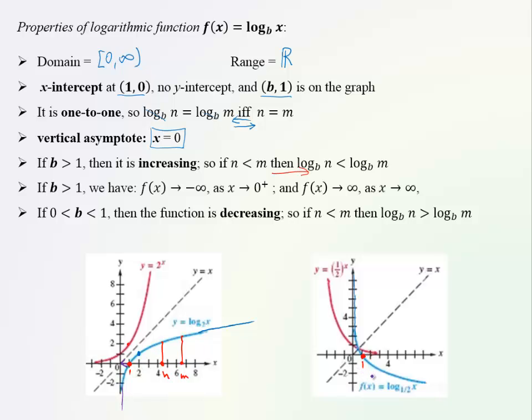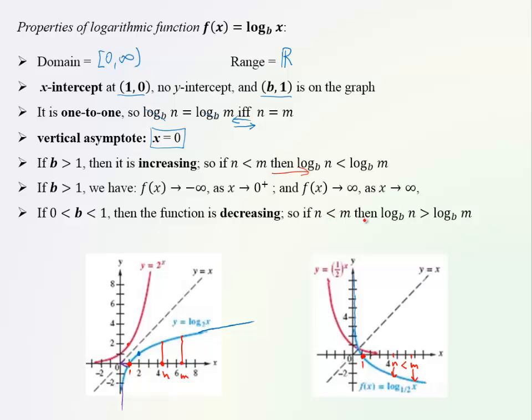Now let's look at the example of the graph of any log with base between 0 and 1. Here we have base 1/2. Such a function is decreasing. It's always going down. So if we choose 2 points, as before, any n and m in such order, n is smaller than m, then the value of the logarithm at n is higher than the value of the logarithm at m.